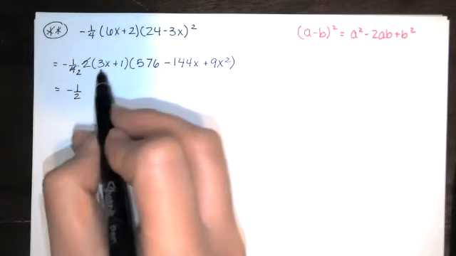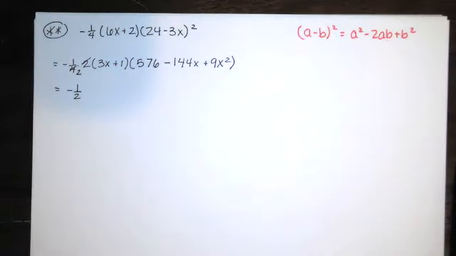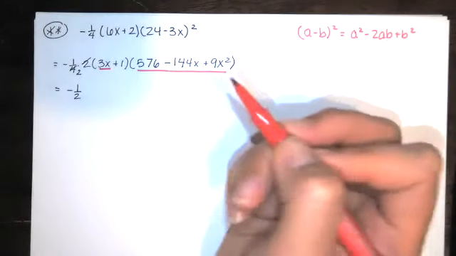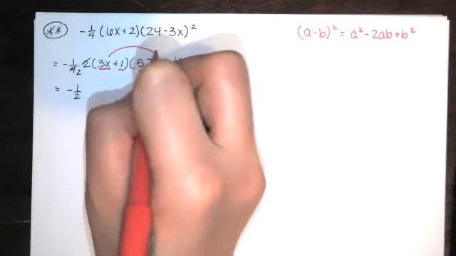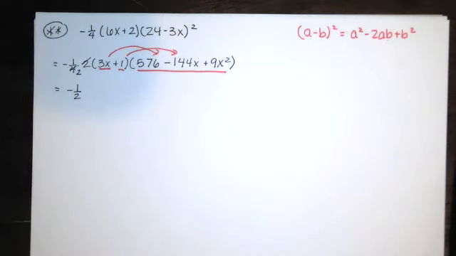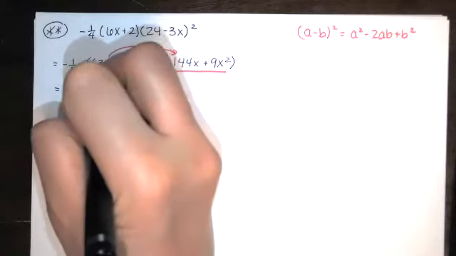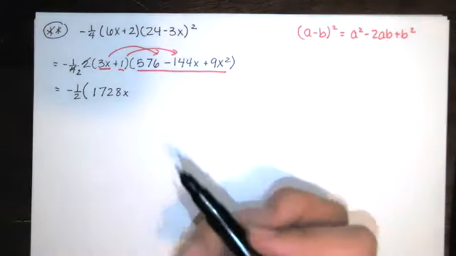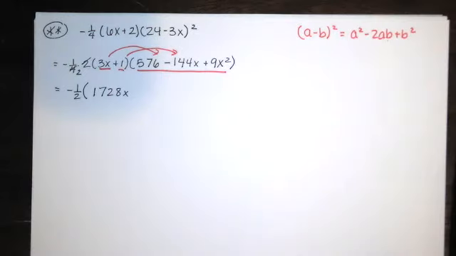And now you can take this 3x plus 1 and distribute it through this trinomial. So we'll do 3x times all of this, and then 1 times all of that. I have 3 times 576, which is 1728 times x, and then 3 times the 144.